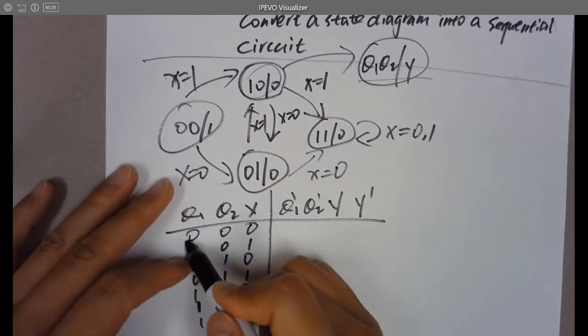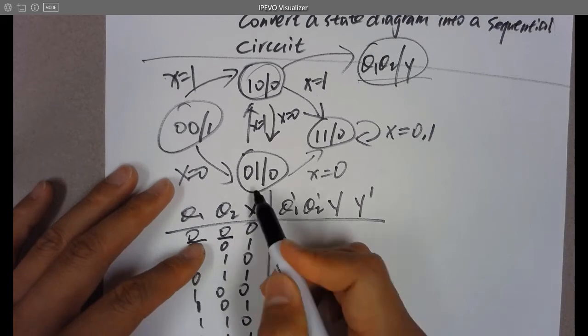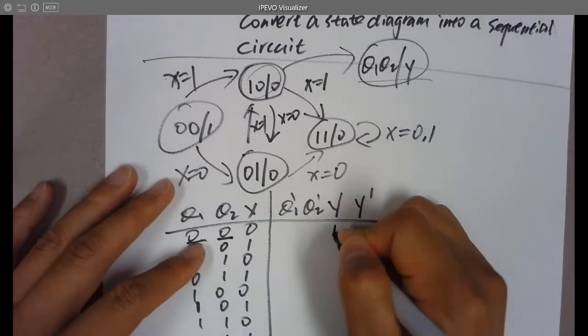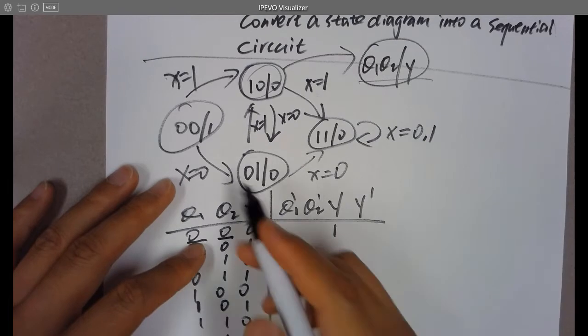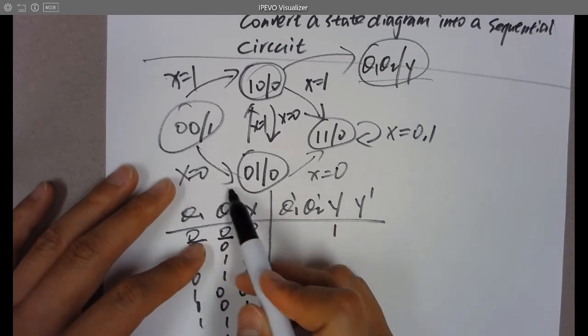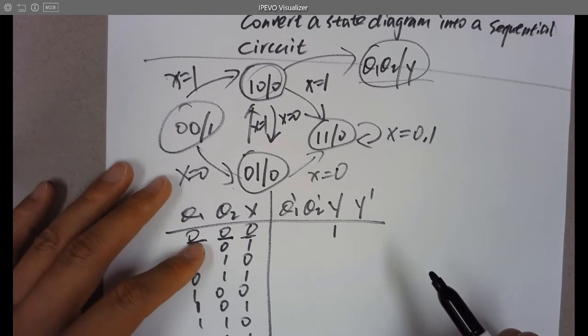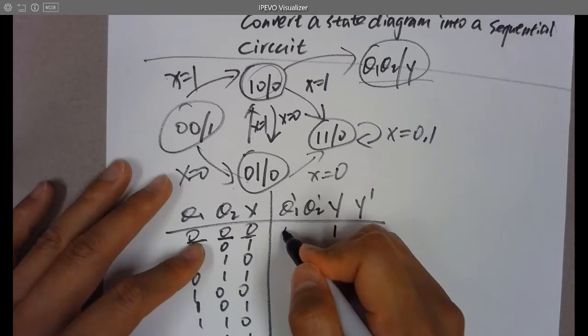Let's see. Q1, so 0,0,1. We only have this state, right? So 0,0,1. 0,0,1 will jump to, when x is 0, where is it going to jump? 0,1,0, right?